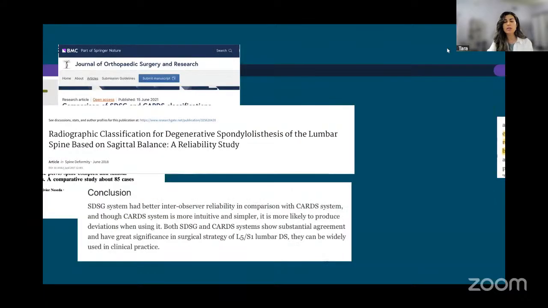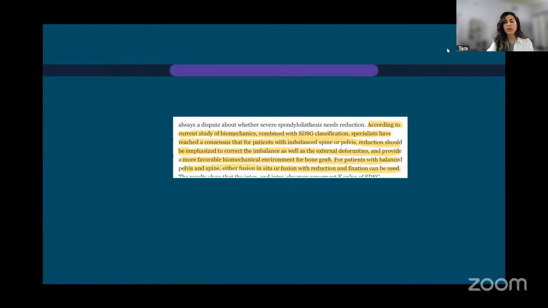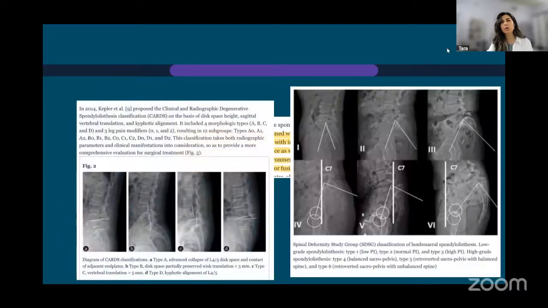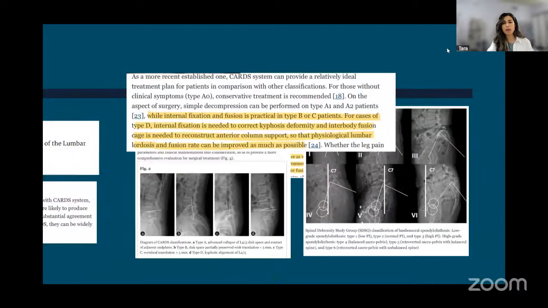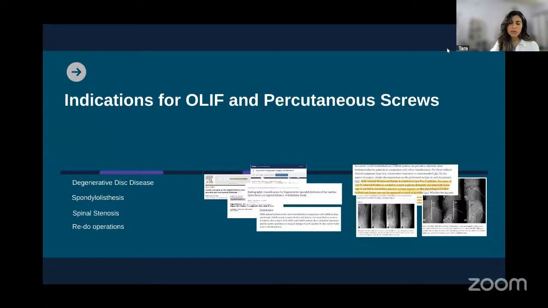Then CARDS made its own classification, and there were studies comparing CARDS and SDSG.